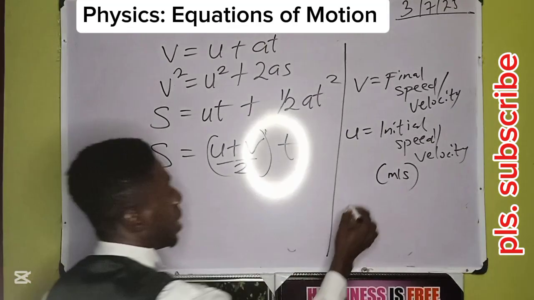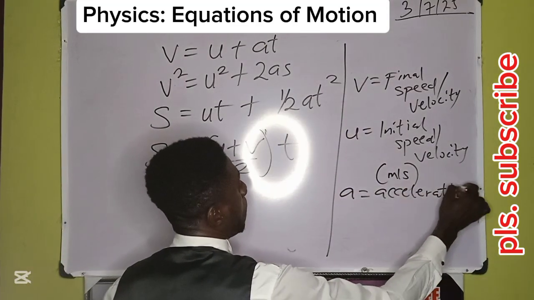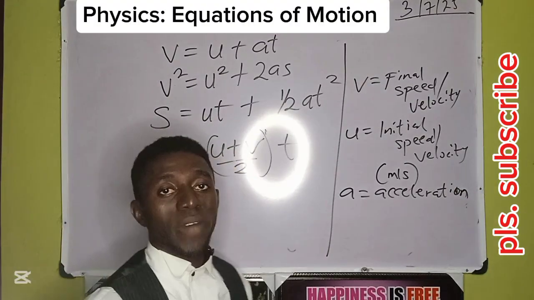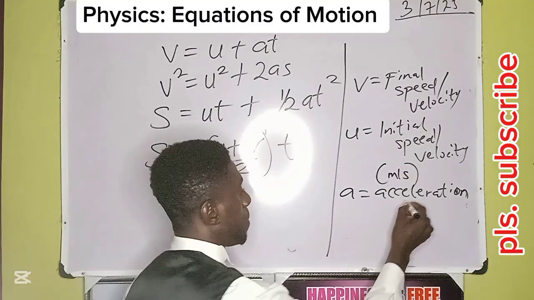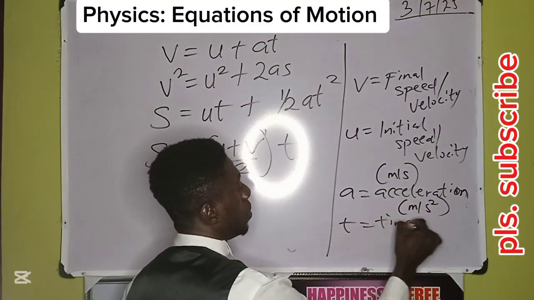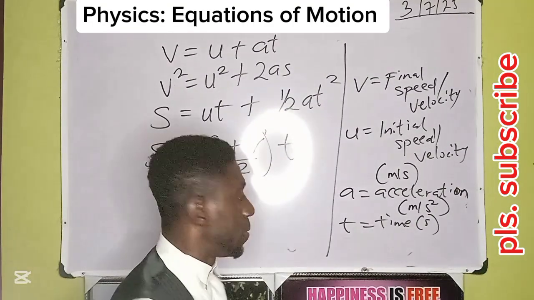Then A is for acceleration. Unit, meter per second square. T for time, seconds as the unit.